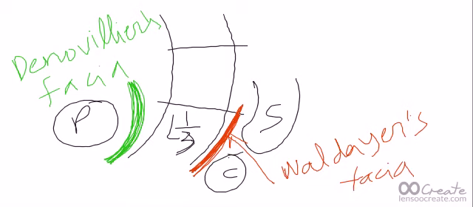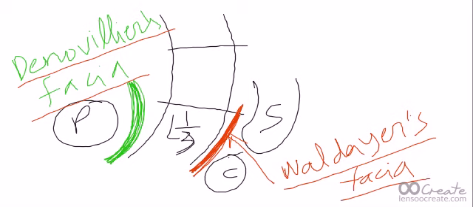Okay, so in the front it is separated from the prostate by Denonvilliers' fascia, and from the back side it is separated from sacrum and coccyx by Waldeyer's fascia.